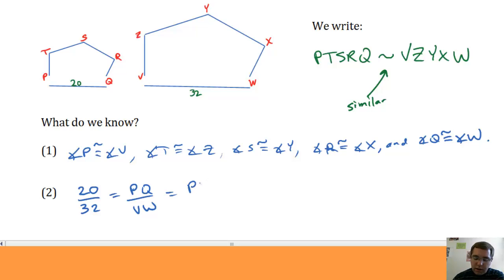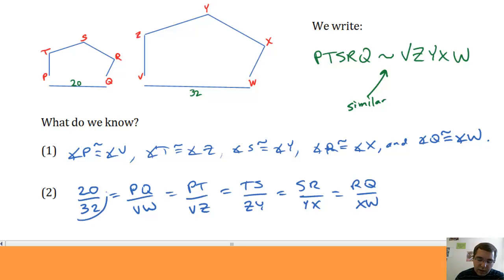So PT would correspond with VZ. If I divide those, I need to get the same ratio as I did with PQ and VW. Same with TS over ZY, SR over YX, and RQ over XW.